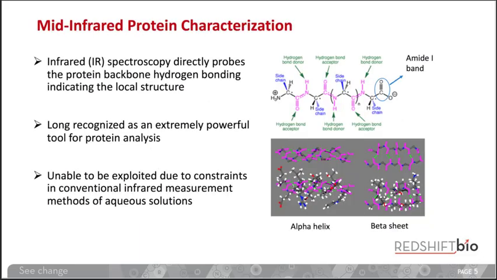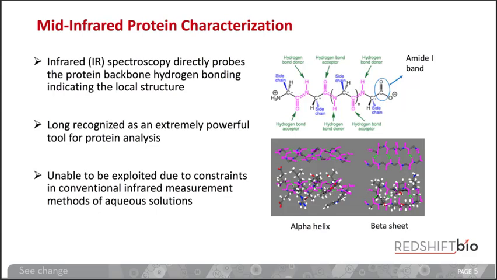The AQS3 works in the mid-IR, where it probes the vibrational modes of the carbonyl bond in the protein backbone. And this reveals spectral signatures, which are mapped to the secondary structure of proteins. Some of those are shown on the bottom right here: alpha helical structures, beta sheet, for example. And this technique is very powerful.